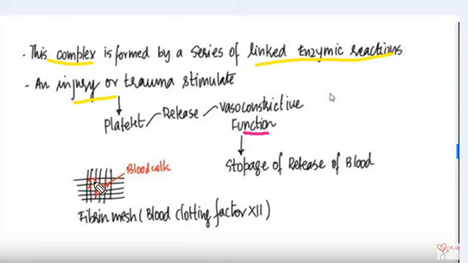Suppose these are blood cells. Suppose this is a thread-like structure, this is a thread, this is a thread, these are a network of threads. What is the name of this network of threads? Called fibrins. And inside these fibrins, in the gaps, blood cells or formed elements of blood are trapped, and this complete network of threads is known as fibrin mesh.